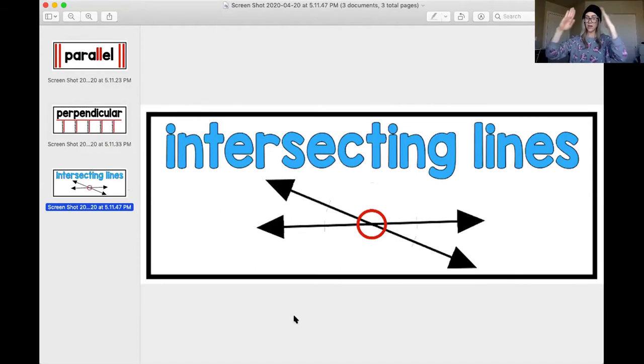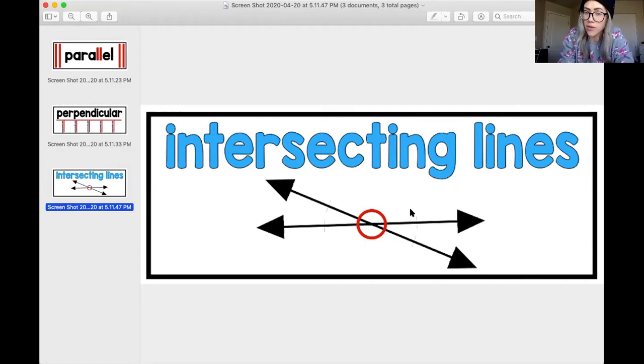If they intersect like perpendicular lines do, there's got to be one set that's 90 degrees for it to be perpendicular. If we keep moving them around, eventually it goes like this, and I can see that there's at least one set, actually 4 sets of 90-degree angles here, okay? But here it's still intersecting, but not quite perpendicular. You're going to see a little bit more about that in the lesson.